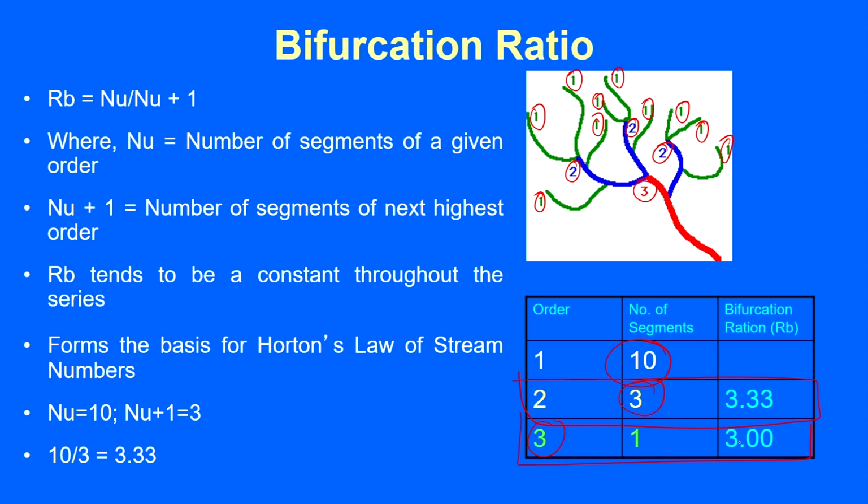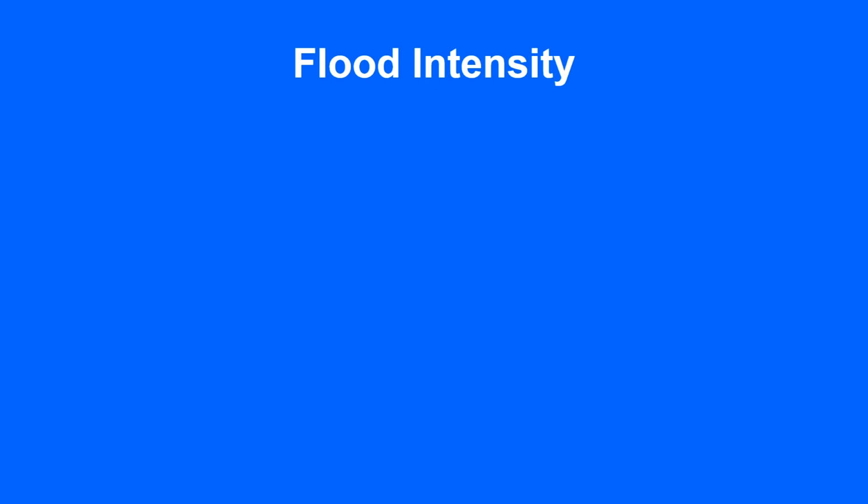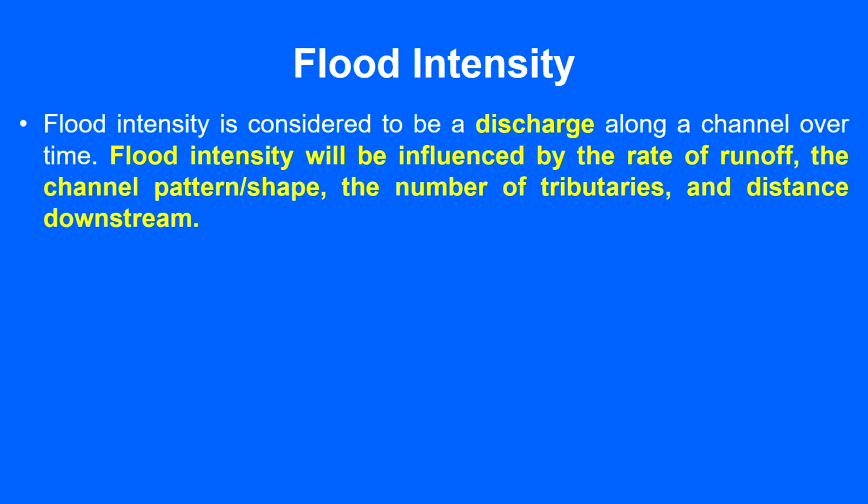Now, what is the importance of this? Usually this is used by hydrologists to understand flood intensity. Flood intensity is considered to be the discharge along a channel over a time.